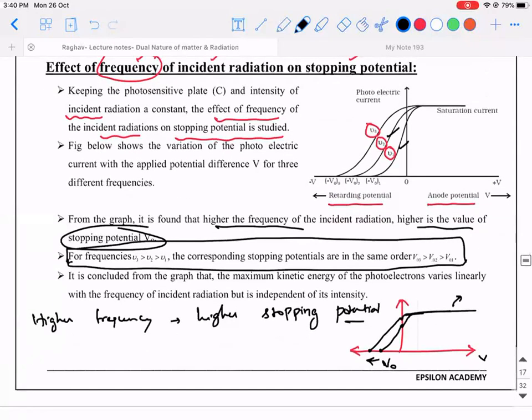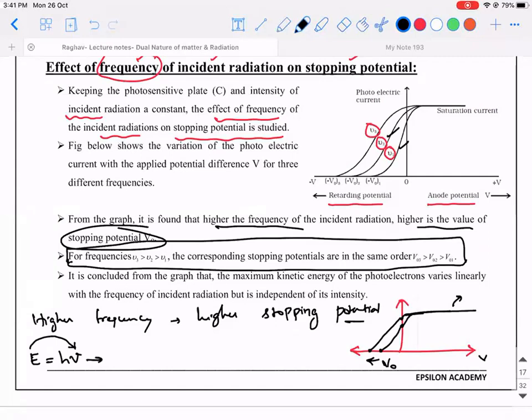So, the reason for this to happen is, according to Planck's equation, we know that E is equal to h nu. Right. So the energy of the light that is incident on the surface is directly proportional to the frequency of the light that is being used. When this is clear, we can understand one more important point. Then this will in turn lead to maximum kinetic energy.